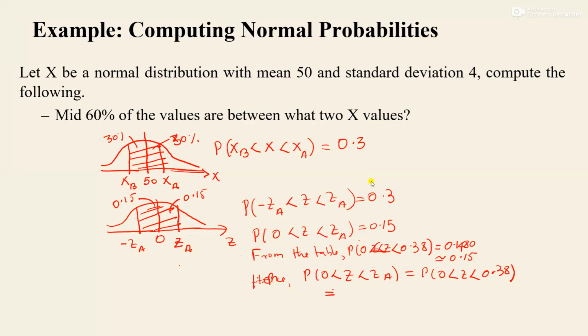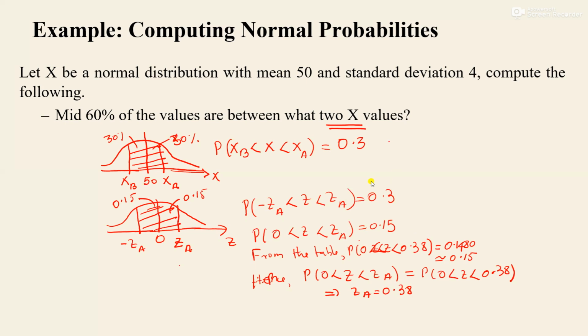From this, we have ZA equal to 0.38. Now we have to get the corresponding x values, because we have to find two x values.